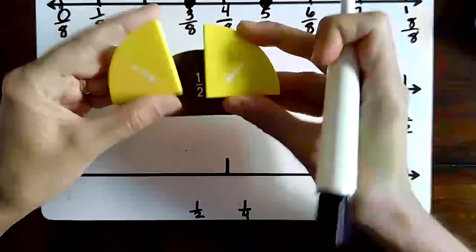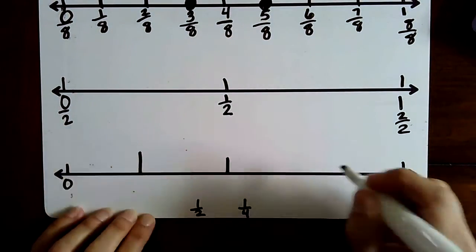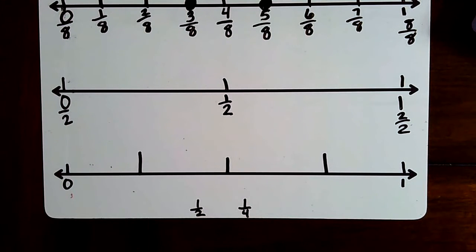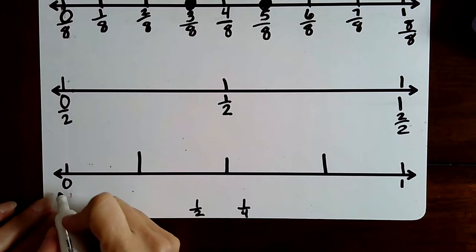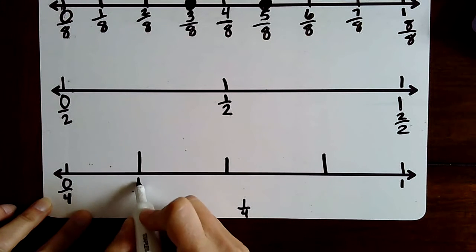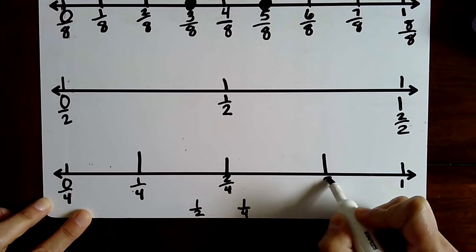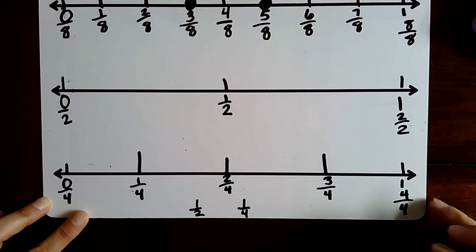So we're going to take our half on the line and split it, and then split this half, and then label fourths. We should have 4 sections, 1, 2, 3, 4. So 0/4, 1/4, 2/4, 3/4, and 4/4, which is the same as a whole.